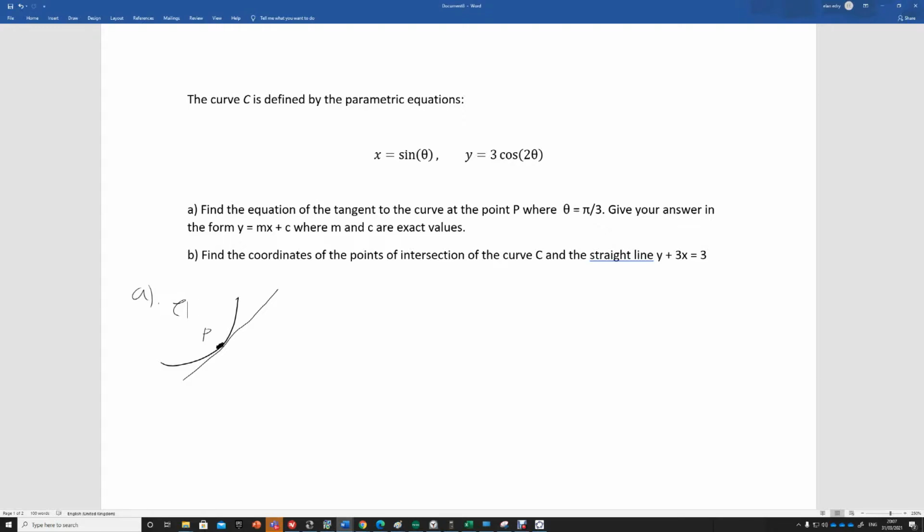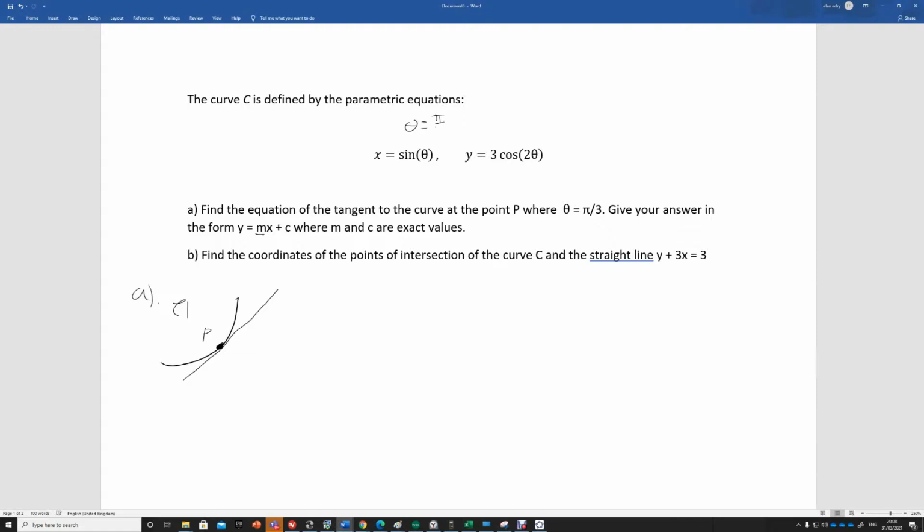So if I work out the gradient of the curve C at that point, I automatically work out the gradient of the tangent, which we should remember from GCSE is going to be the m in y equals mx plus c. I also know that at the point P, the tangent line has the same coordinates as the curve does at the point P. Now I know that at P, theta is equal to pi over 3.